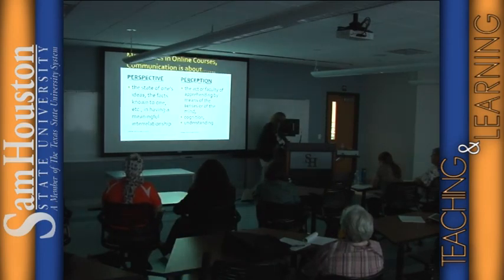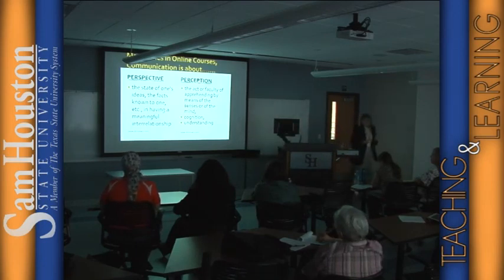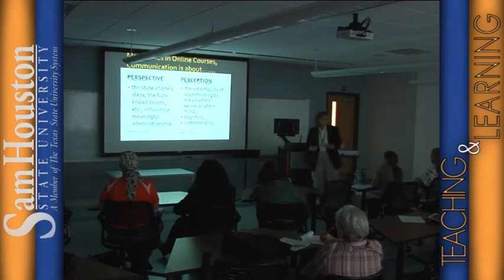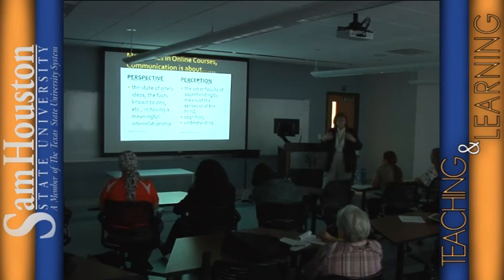Okay, so something we need to consider as we're thinking about communicating with our students is their perspectives and their perceptions. The perspectives are their existing knowledge. It's their schema. It's what they come to us with: the ideas they have, the facts that they know, and the interrelationships that they have developed as they enter our classrooms.